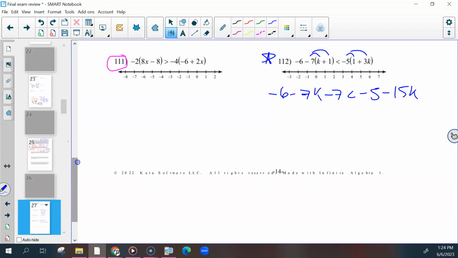Combine like terms on the same side, the negative 6 and the negative 7. Then, just like your equations, you have choices. Pick something to move to one side, and then the opposite to move to the other. So let's say I added 15k, and then added 13.